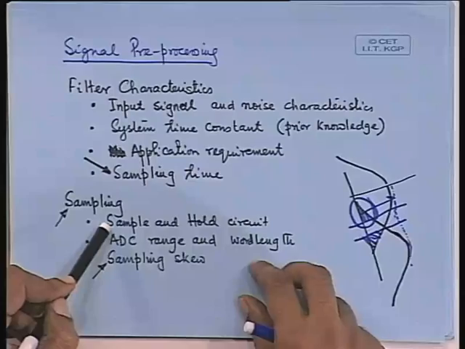So strictly speaking, you are sampling channel 1 at time t and channel 2 at time t plus delta. Whether that delta is going to matter or not, you have to decide. It is not at the same instant, unless you use what is known as a simultaneous sample and hold circuit.